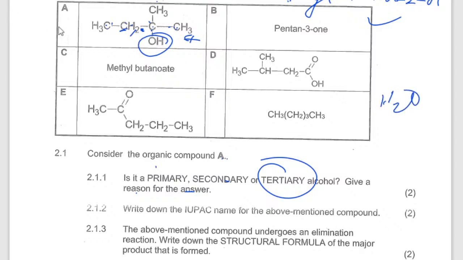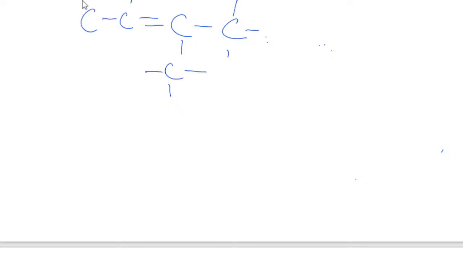And since they say the structural formula, it is going to be C, two of them, then a double bond, and then this. So basically, it's going to look like that. So the numbering is 1, 2, 3, 4.